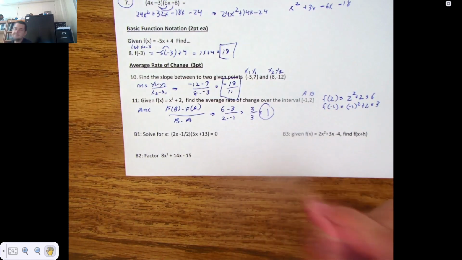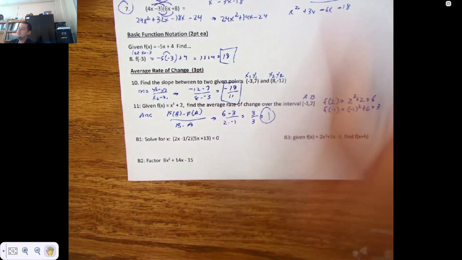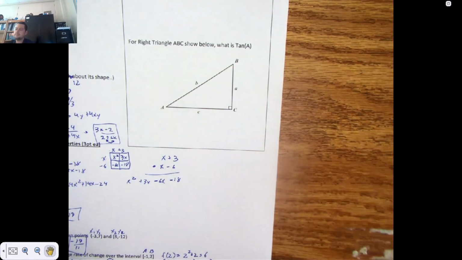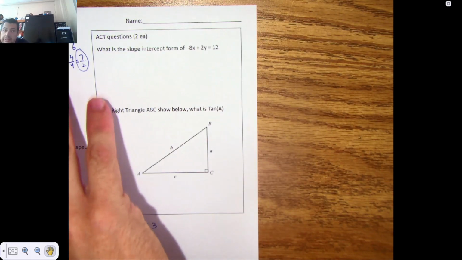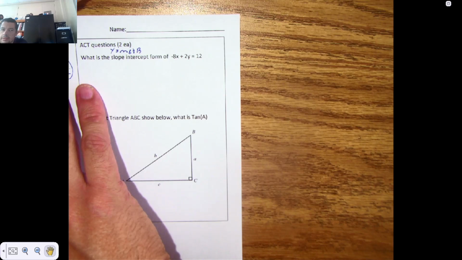How about that? Before I do the bonuses, up to ACT. What is the slope-intercept form of -8x plus 2y equals 12? So they're literally saying, what is y equals mx plus b form? Please don't miss this. Don't be a Patrick.